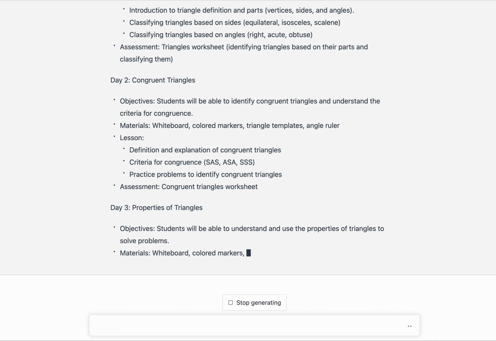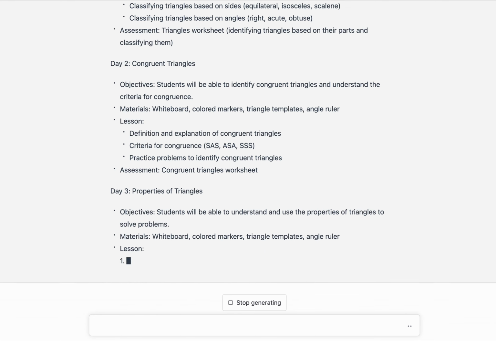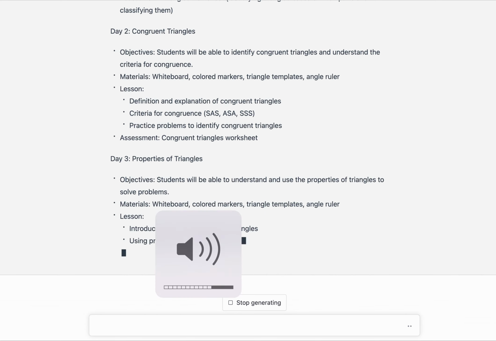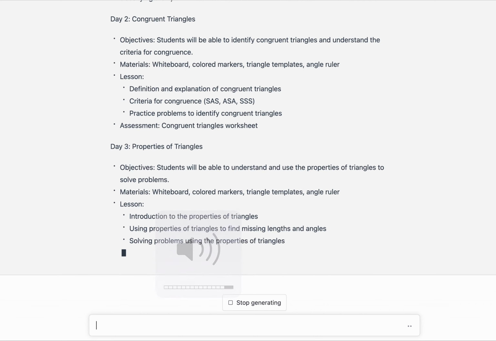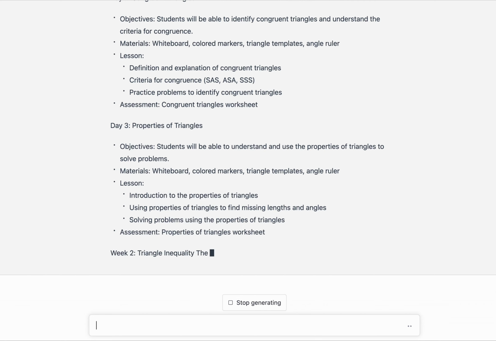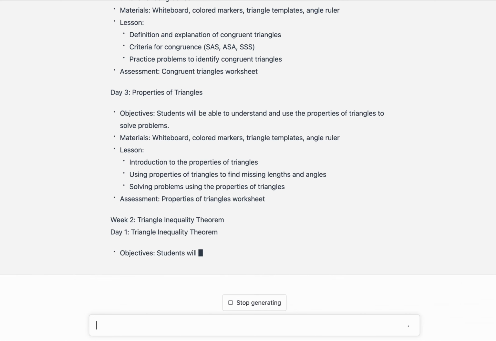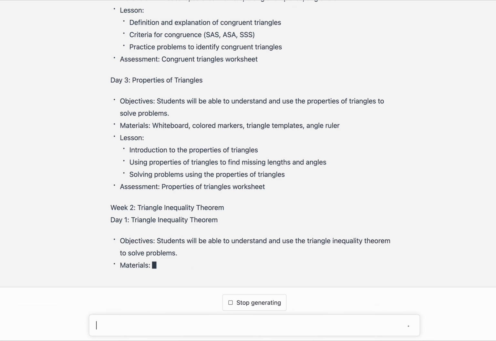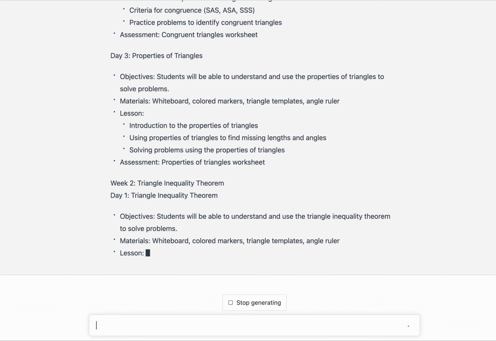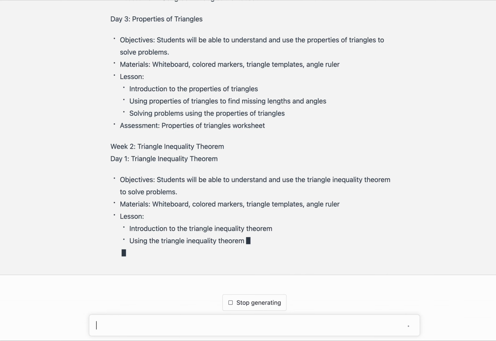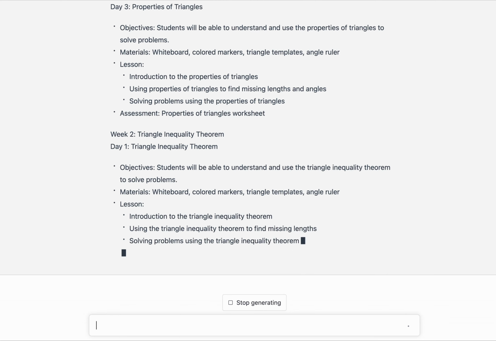Now, what is powerful about this is not that it's writing your unit plan for you. It's that you would normally have to still figure out how you're going to write this unit plan. And when this is written for you, you still have to go into it and see if it makes sense.